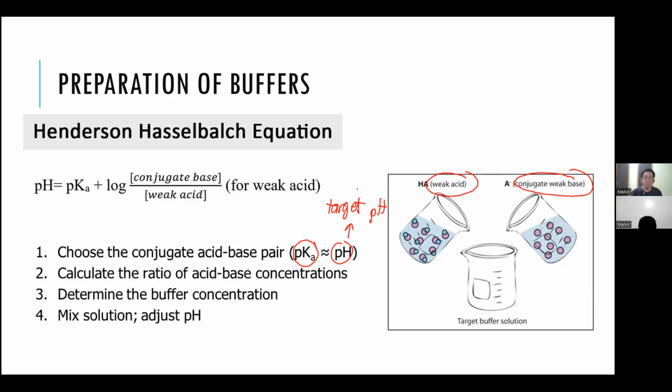From there, prepare concentrations of the weak acid and the conjugate base. Then you calculate the ratio so that you can determine the buffer concentration. Once you've done that, mix together the weak acid and its conjugate base, and hopefully you will form a buffer solution already.